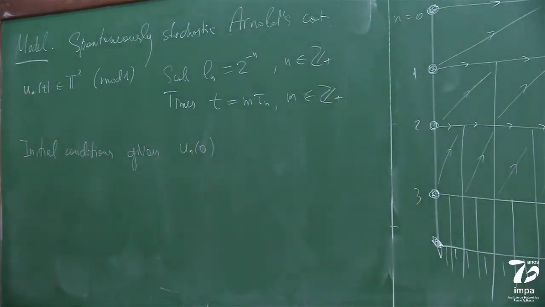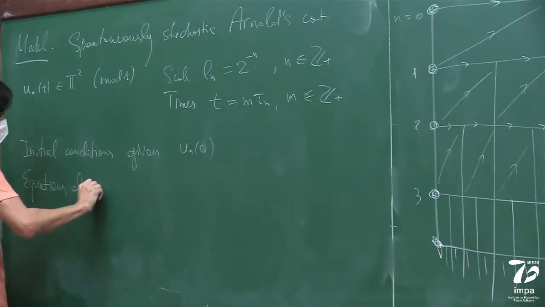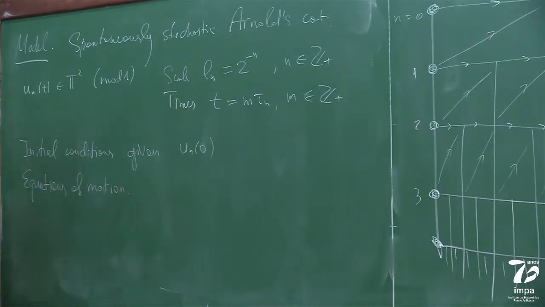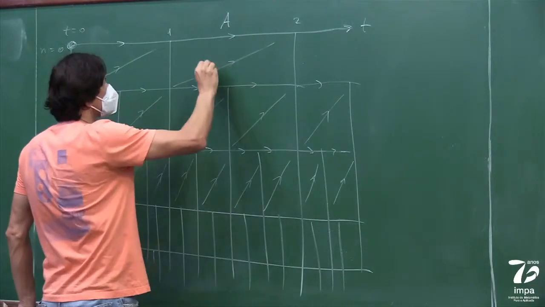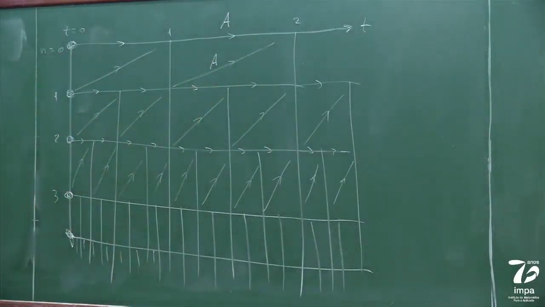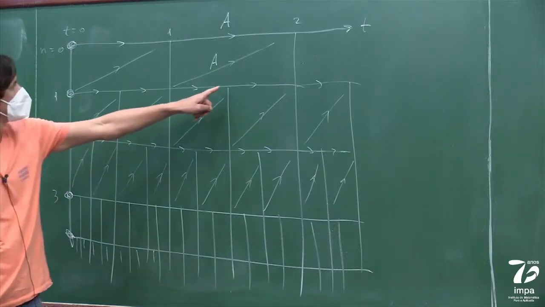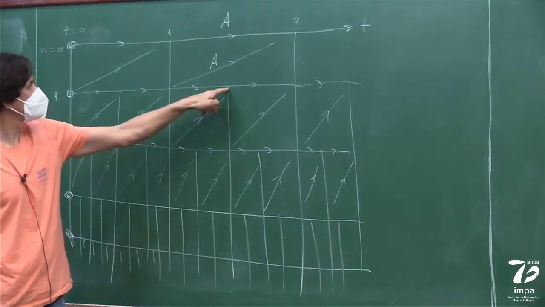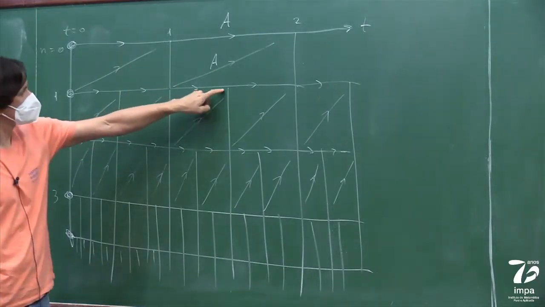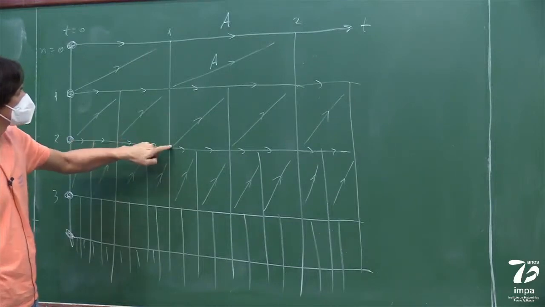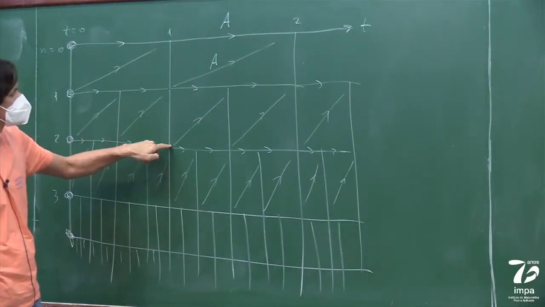And then we take equations of motion. The equation of motion is what is given by an arrow, and each arrow is the Arnold cat map, so it's A. So if you want to define what is at the next step, it is given by the Arnold map from the previous step, and my Arnold map from the previous time, but at smaller scale.